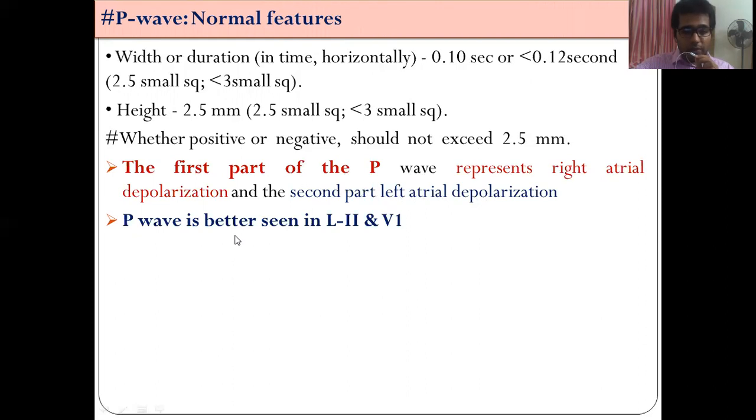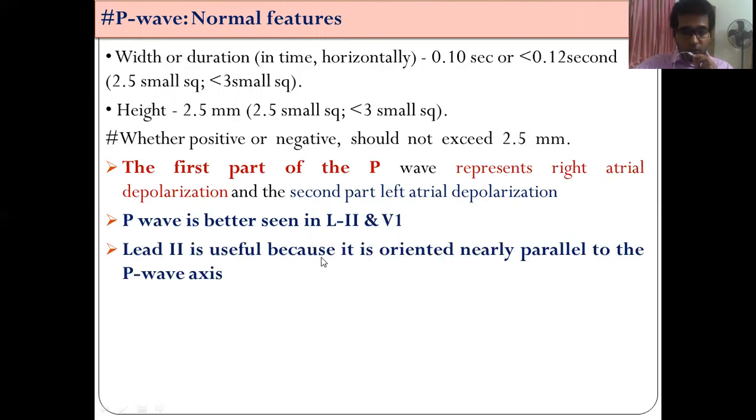And this P wave is better seen in lead 2 and lead V1. Why? Because lead 2 is useful since it is oriented nearly parallel to the P wave axis. I have already shown you the axis of the P wave and the axis of lead 2, that is almost parallel or very close.